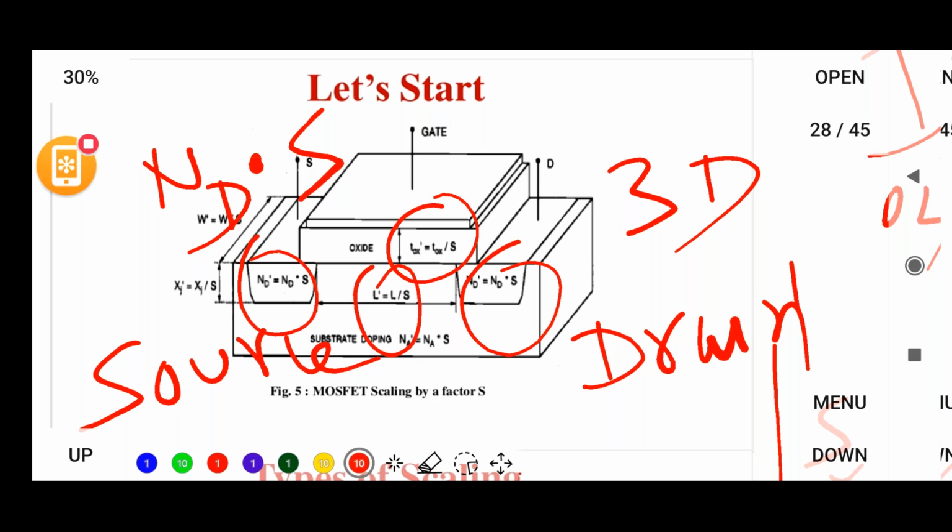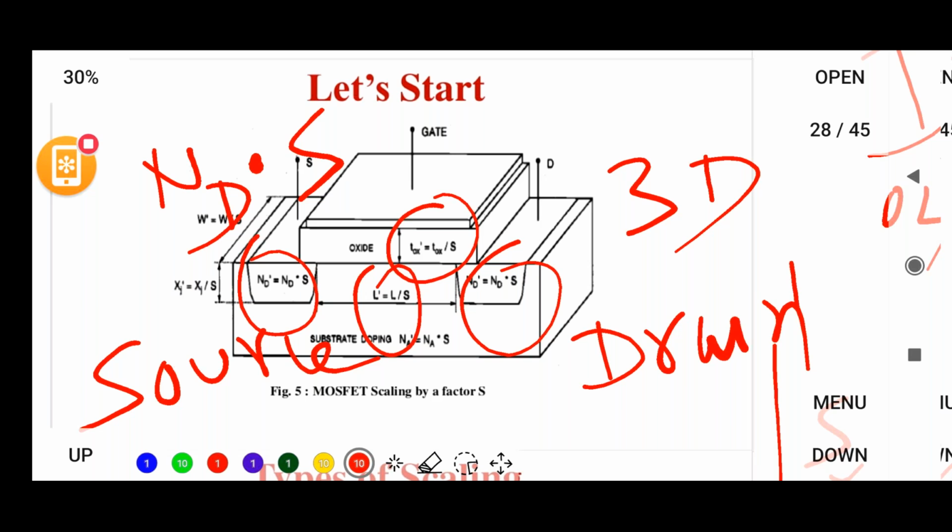If your electric field is increased, if you increase the W, if you increase the L, and if you increase the oxide thickness of your device, of course your electric field is very high in your device. So how to control your electric field? Because the electric field plays a very important role. So on both the source side and the drain side, your doping concentration is more.